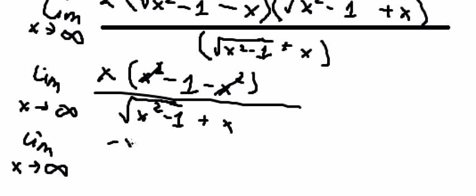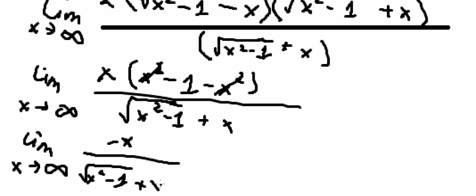And you get negative 1 over the square root of x squared minus 1 plus x. So we divide both sides by x.